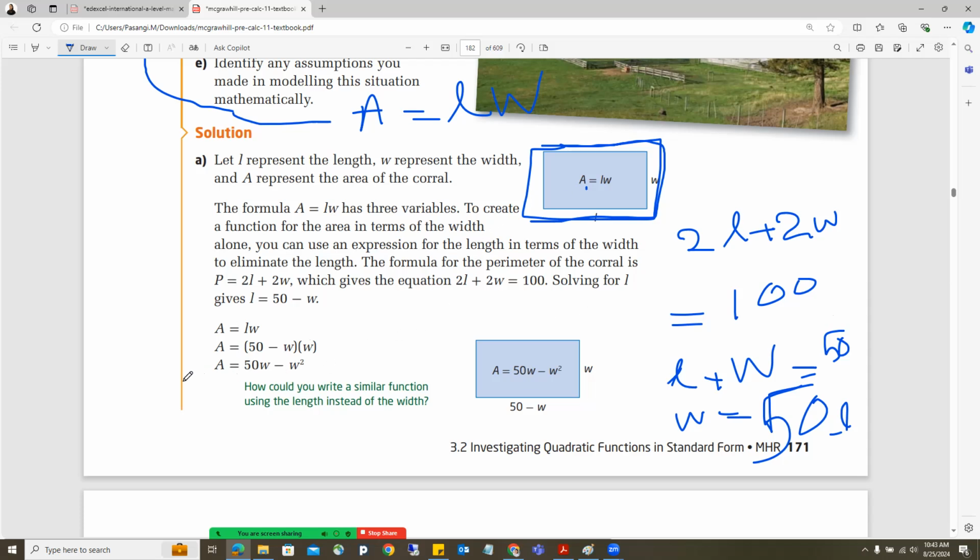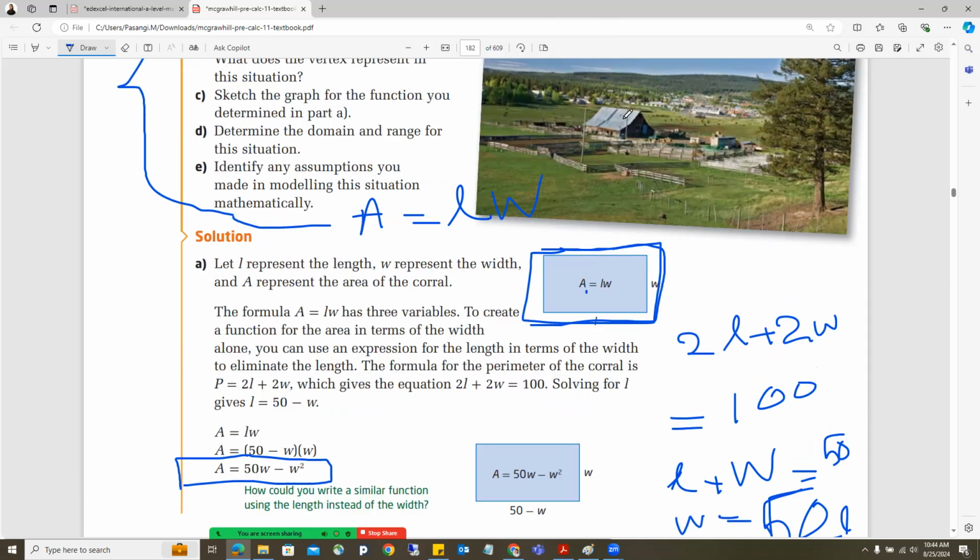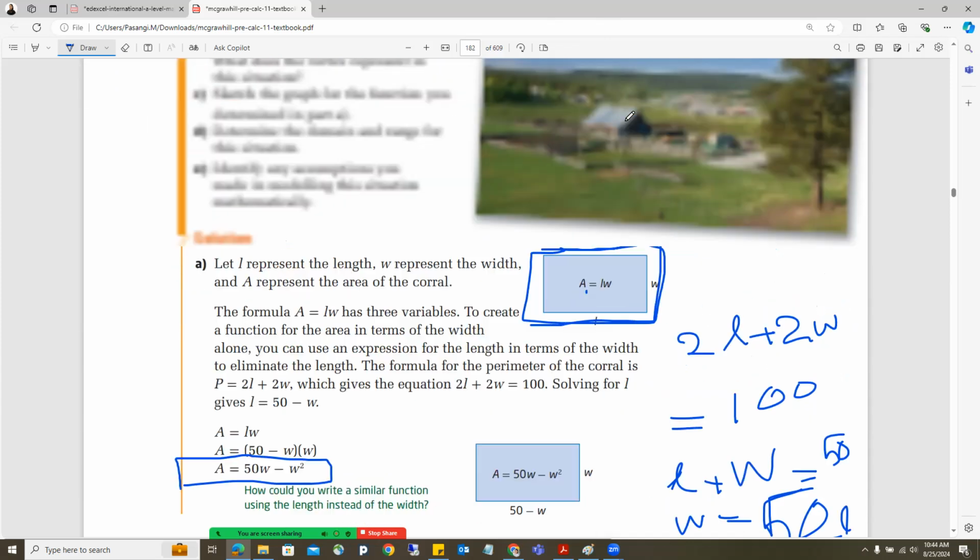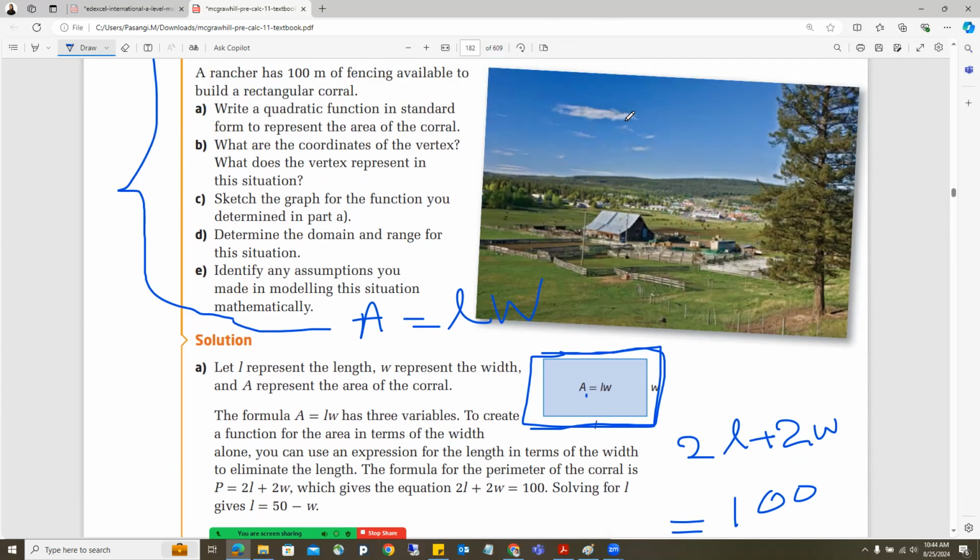If it's in width, A is 50W minus W squared.